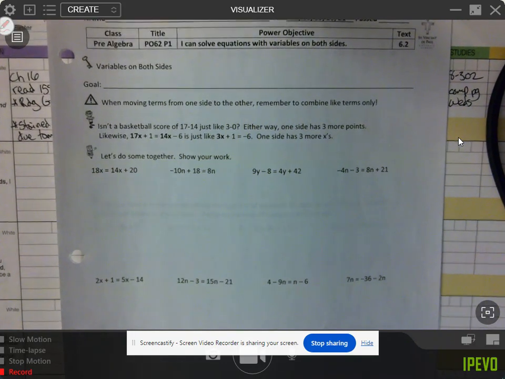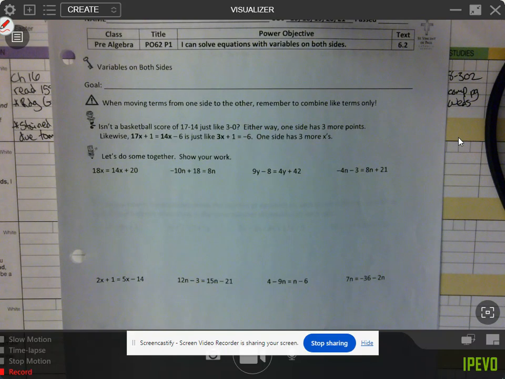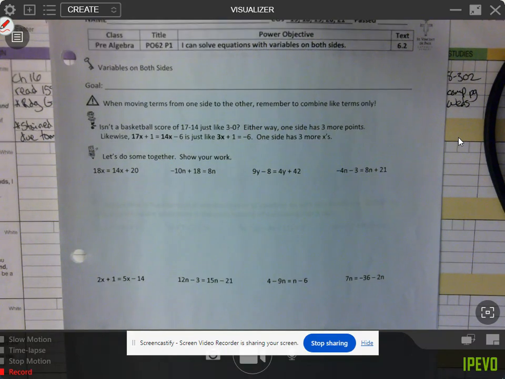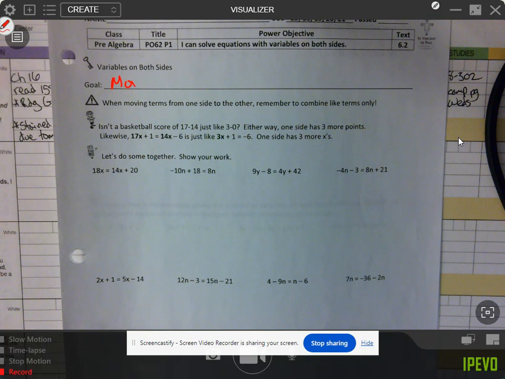All right, so variable on both sides. Our goal is to move all variables to one side using opposite operations.